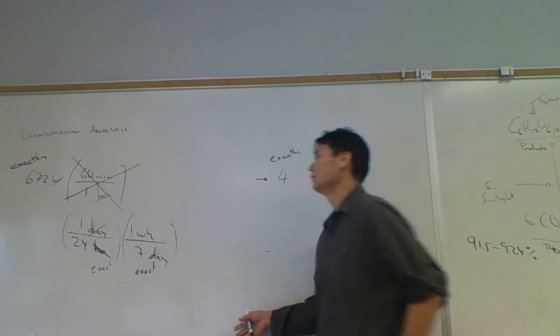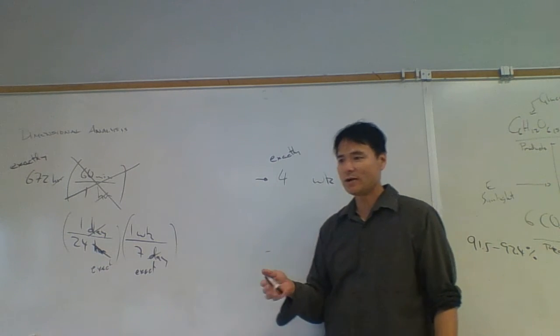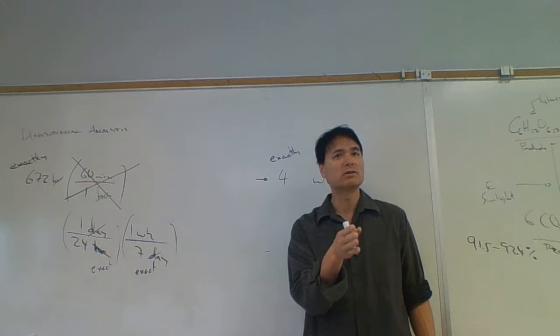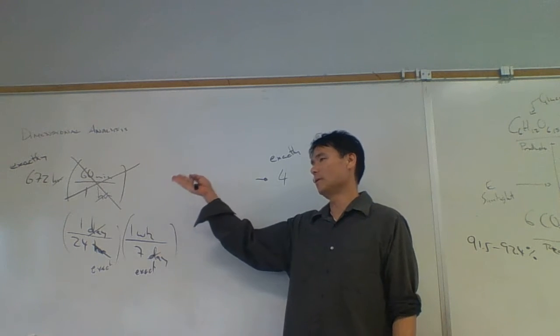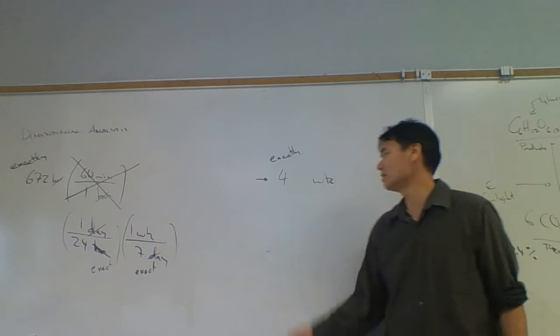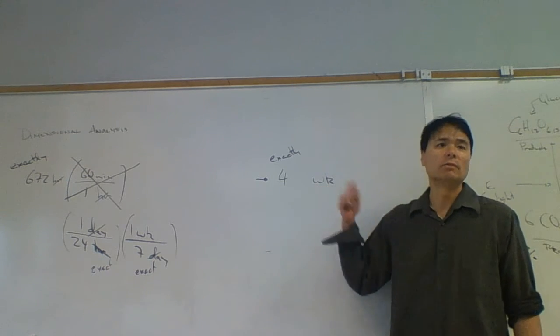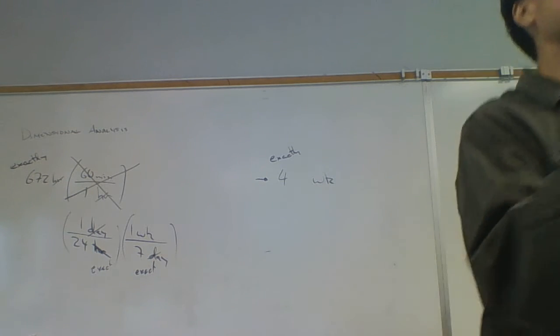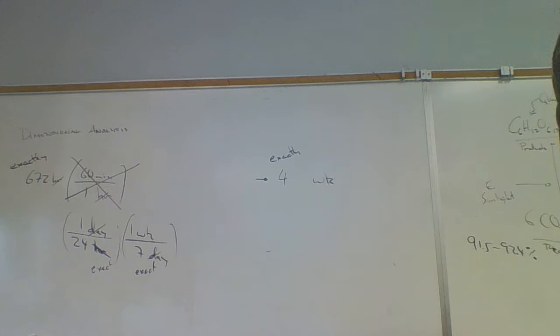If they said approximately 672 hours, although that's pretty precise in terms of language, and then you say, oh, that's about 4 weeks, when somebody says about 4 weeks, they're talking about 3.5 to 4.4 weeks.